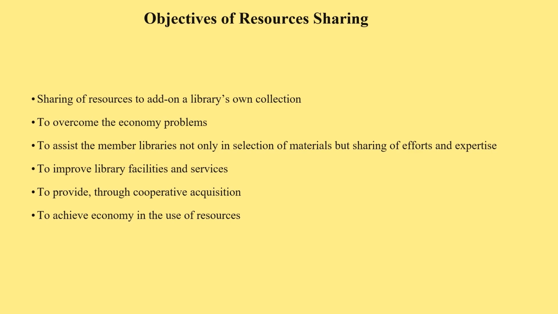And if we go for resource sharing through networks, that means your accessibility has increased quite a range. So, to overcome the economic problems by assisting the member libraries in common activities such as the purchase, cataloging, and processing of library materials, to assist the member libraries not only in selection of materials but in sharing efforts and expertise, by encouraging cooperation among the libraries in programming or expanding library services.